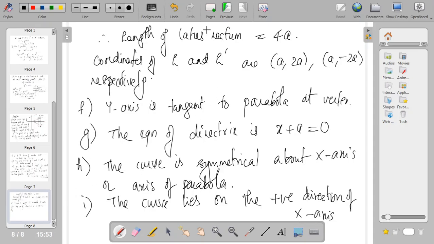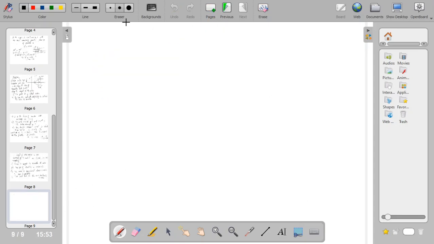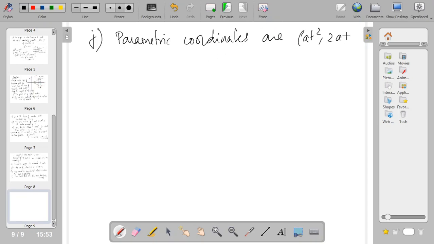And for this parabola, the parametric coordinates are at square and 2at.